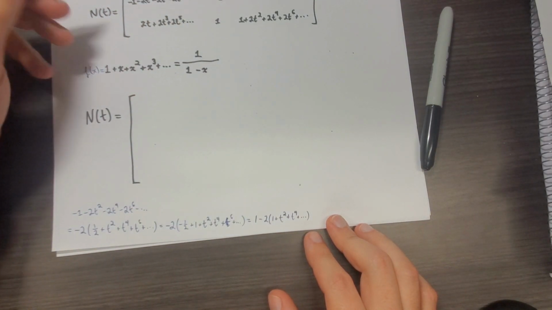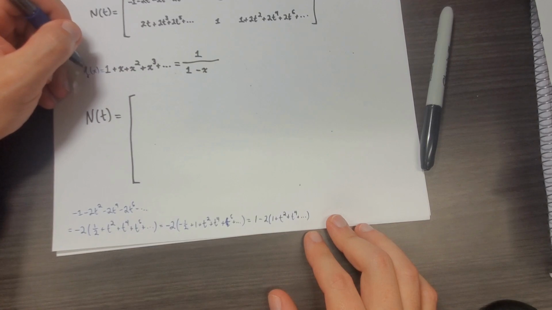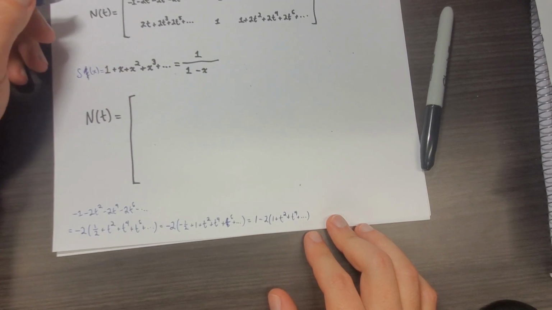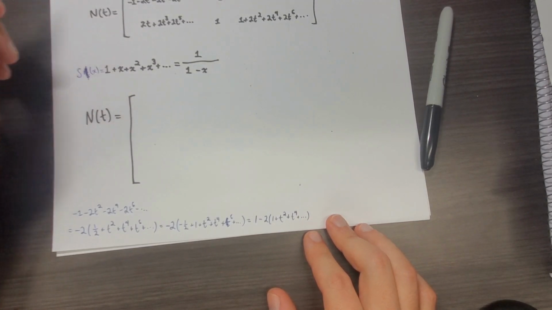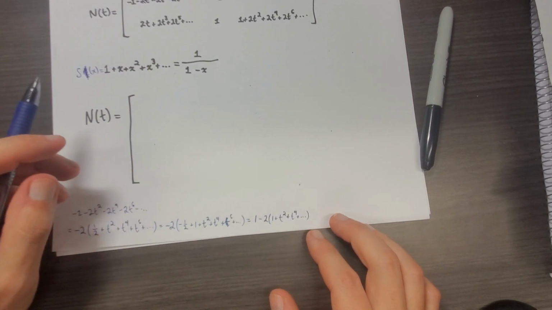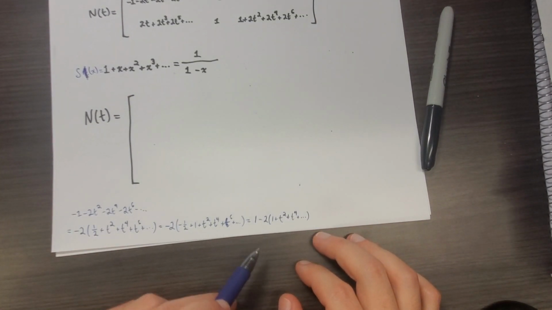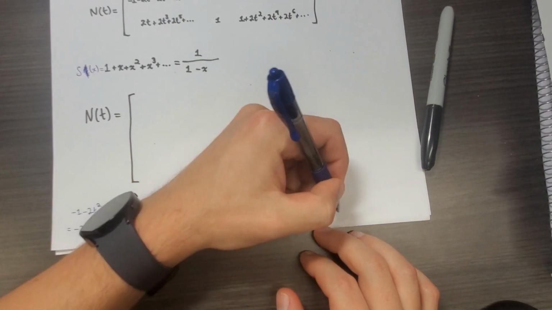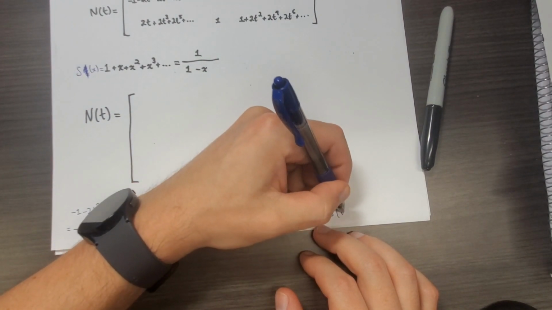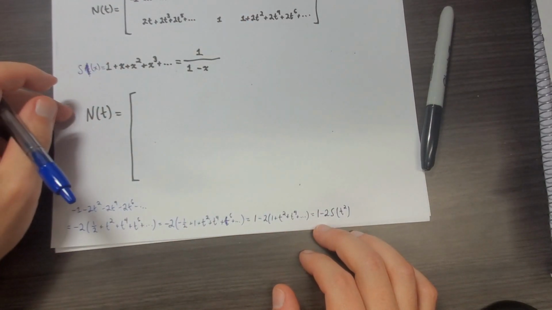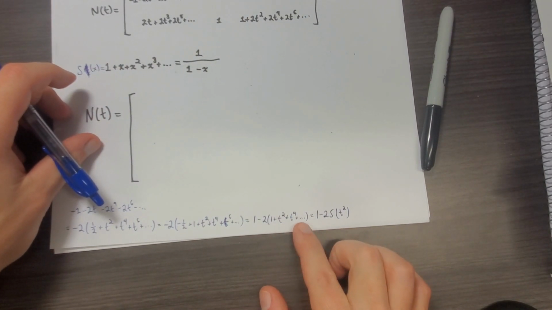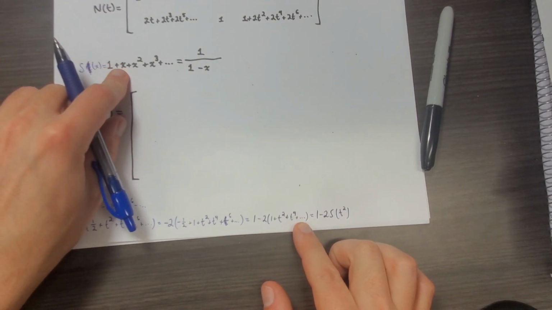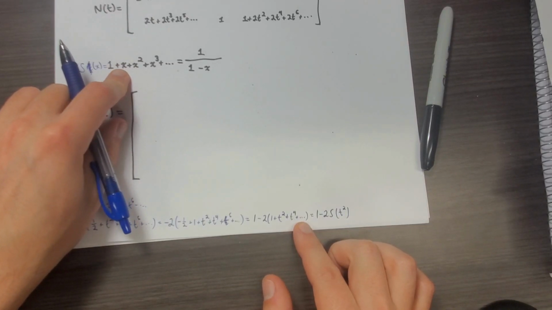And remember, I shouldn't be writing f here. This should maybe be s for series, we'll say. I could use g, whatever, doesn't matter. But this now is equal to 1 minus 2 s of t squared, because I get this in the parentheses if I plug in t squared everywhere there's an x here.